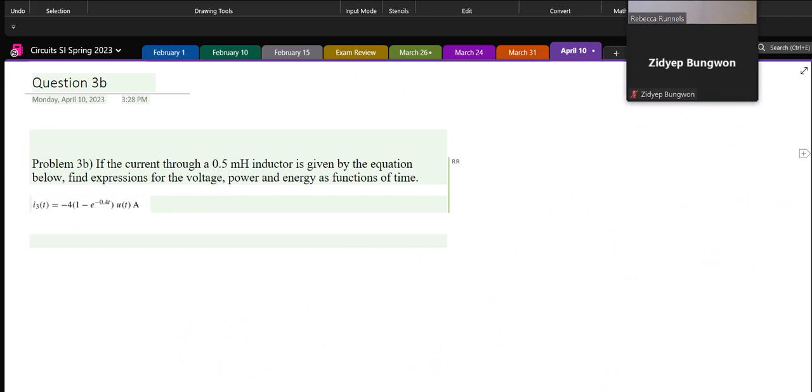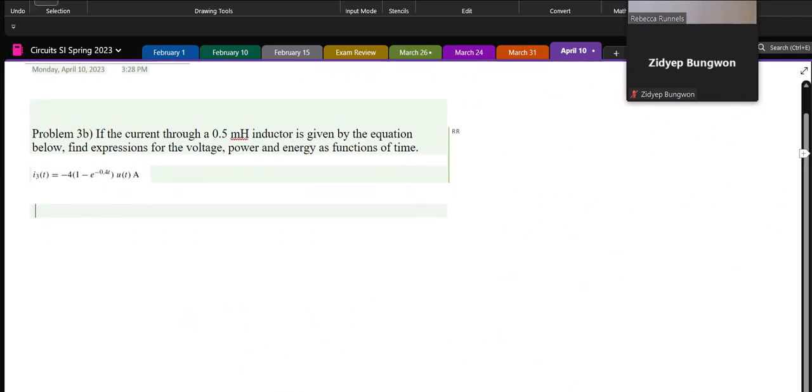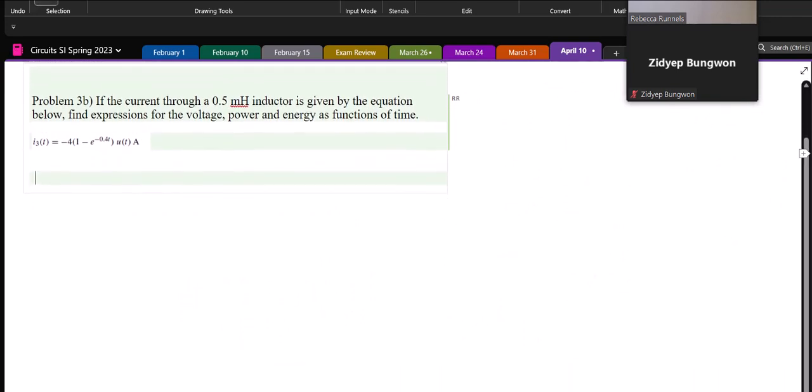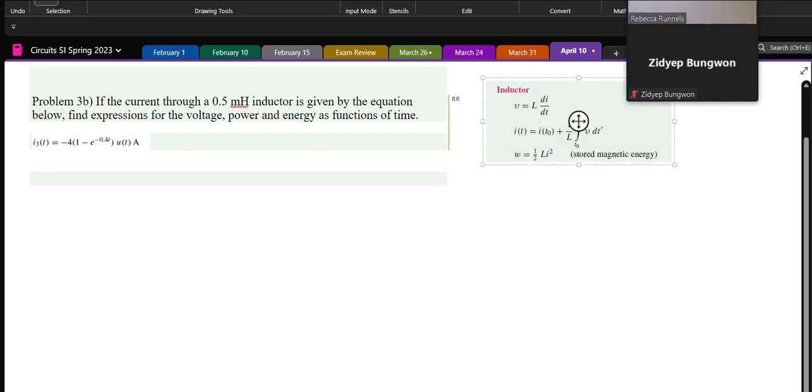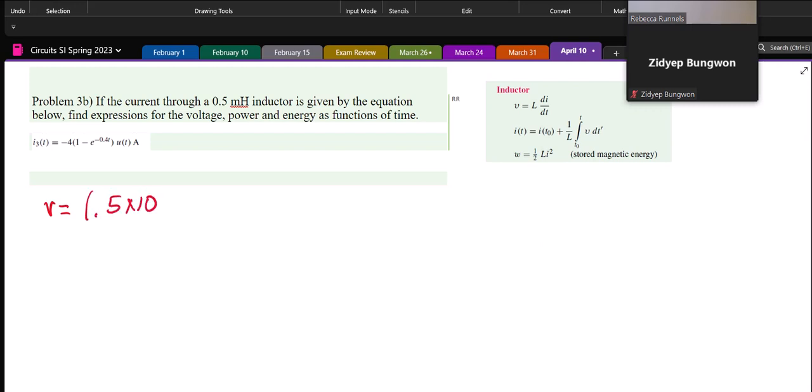Okay, so now we are given the current, and we have to find the voltage, the power, and energy as functions of time. Voltage is L di/dt. So voltage will be L, which is 0.5 times 10 to the negative third, times the derivative of this.